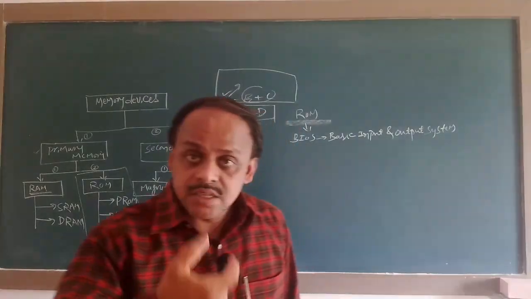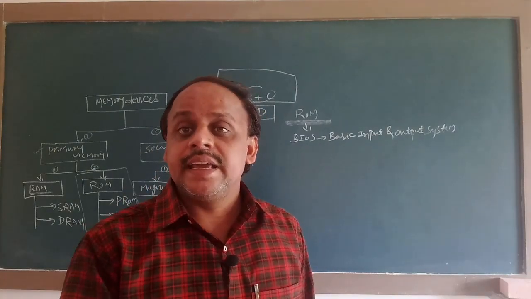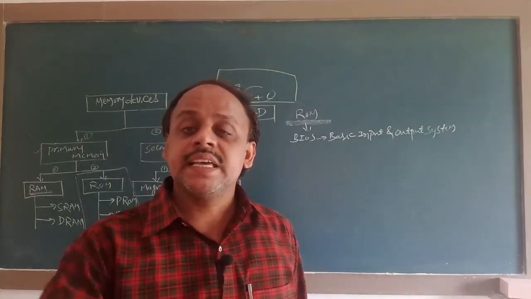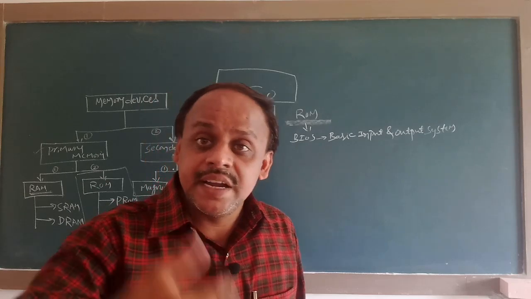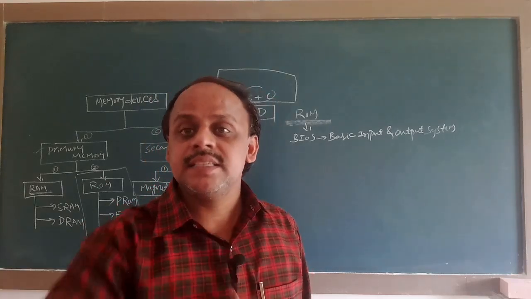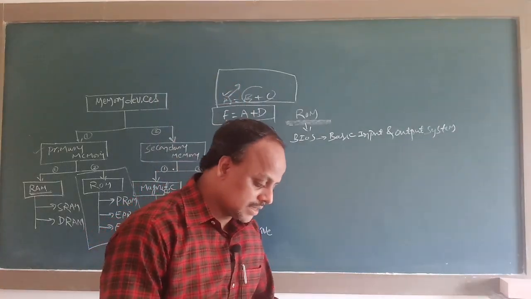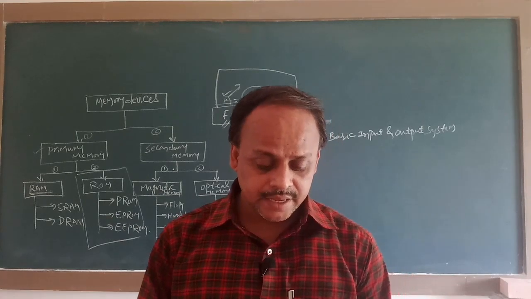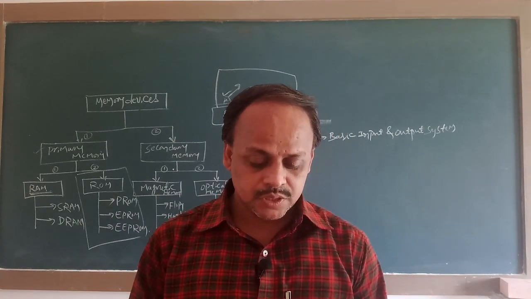This ROM contains generally BIOS programs, means basic input output system programs, which are needed to start the system or start the CPU. And he says that it stores mainly the BIOS programs.